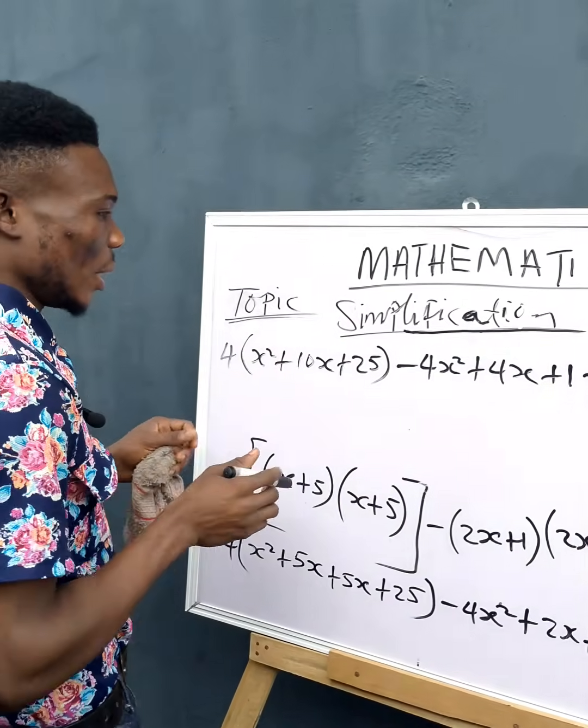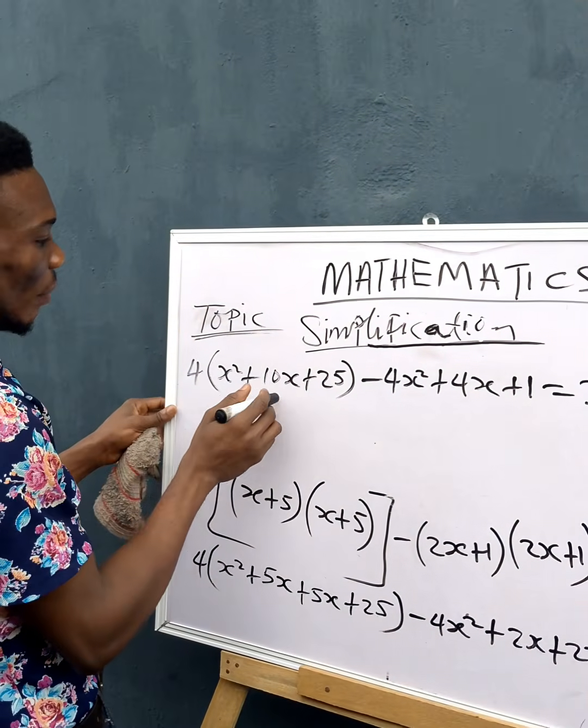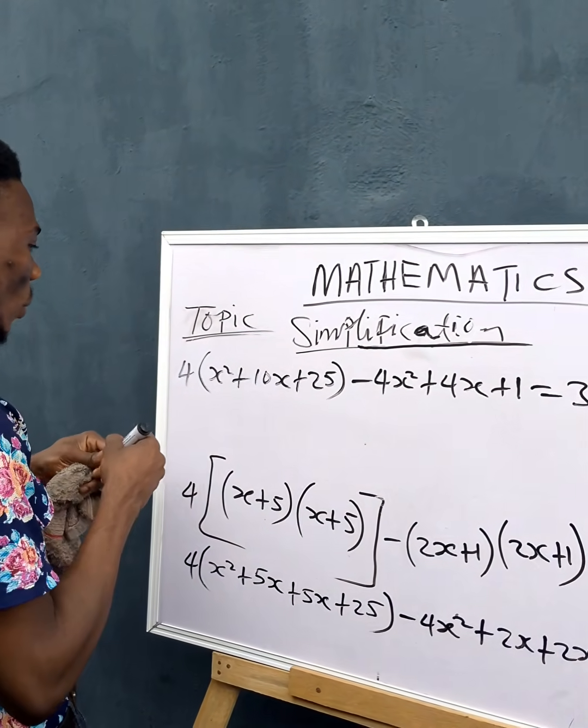Then here we have to open this bracket by this 4 so that we can move on with what we want.